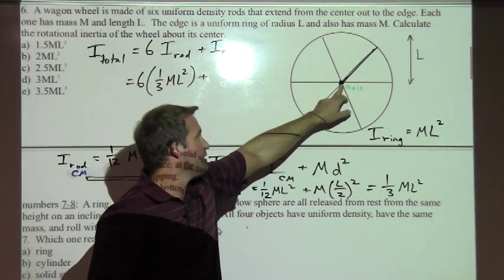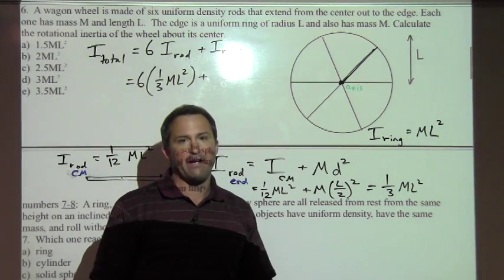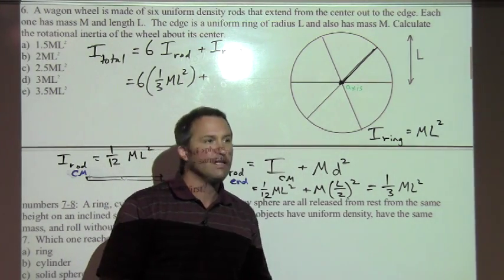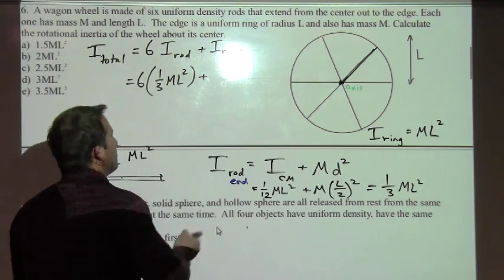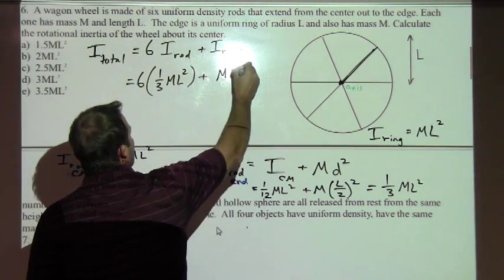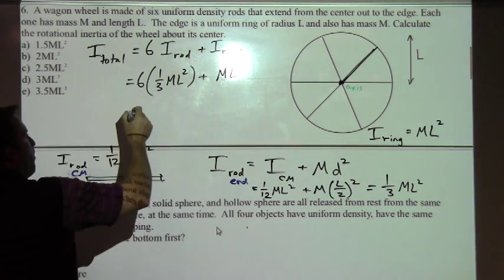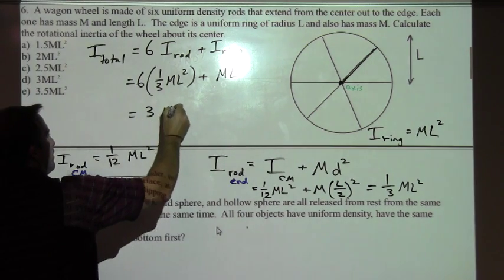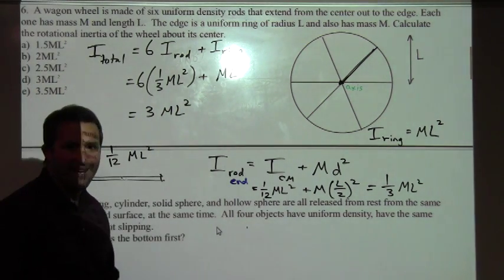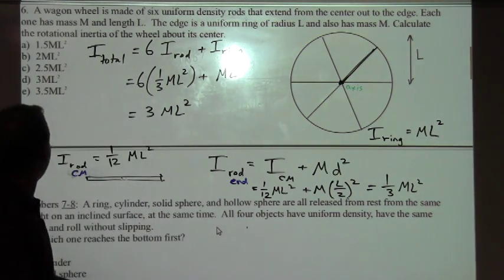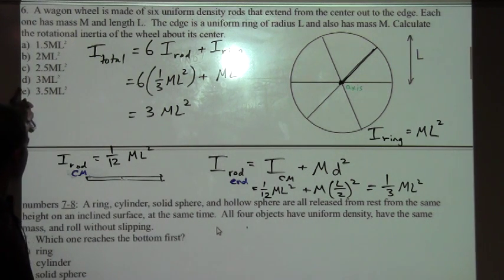But the center point is the axis that we're trying to find the rotational inertia about. And so we can just, that's it. And so we have 2 plus 1 equals 3 ml squared. So that's our answer, answer D in this case.